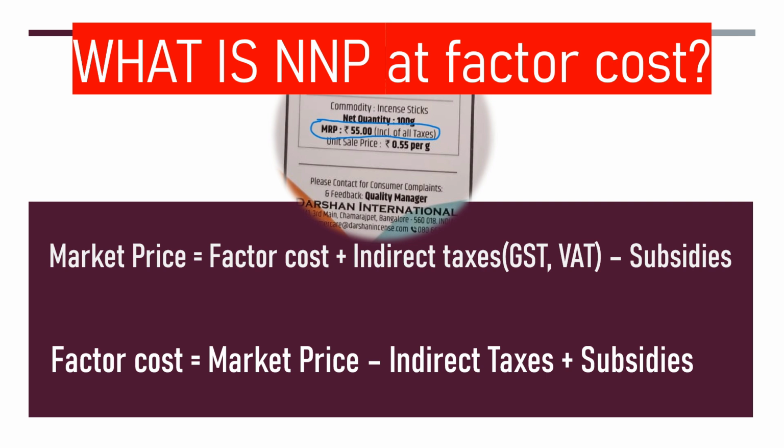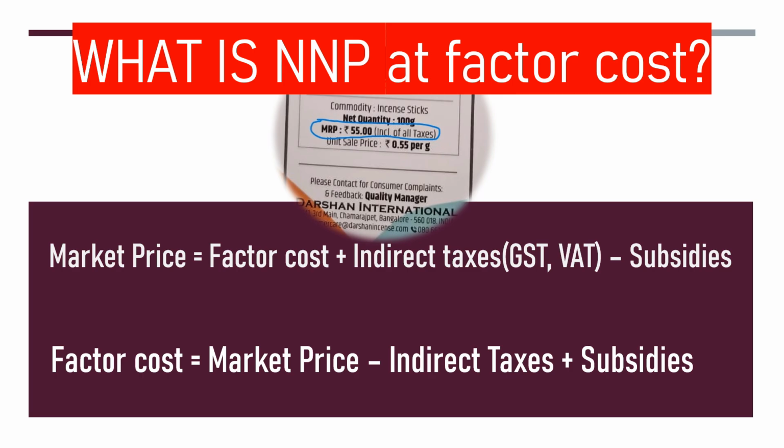Factor cost means the cost that is incurred by the manufacturer to produce the good. In order to produce the good, the factory has to hire laborers and give salaries to them. They have to hire machinery and put up a factory.